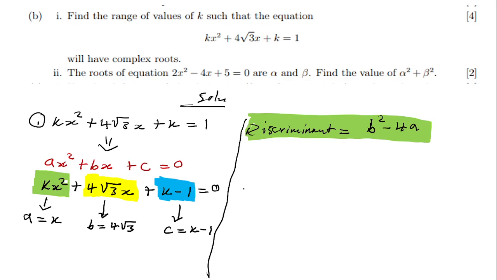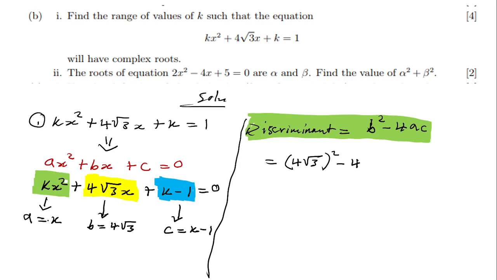So you're going to say 4ac, remember that has to be c. So you are now going to say discriminant is equal to, what is your a, what is your b? Your b is that. So you are going to say open bracket 4 square root 3, and then you say squared, minus 4, you write your 4, and then multiplied by what is your a.